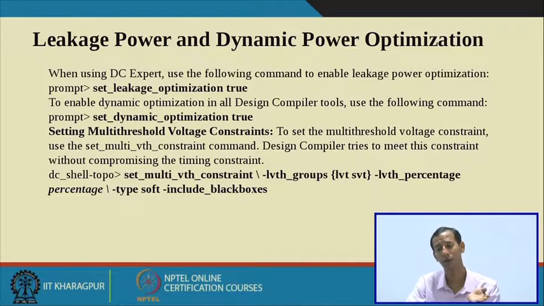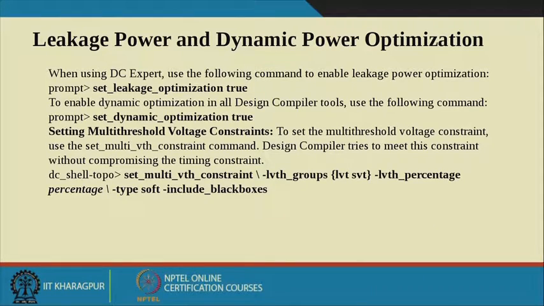So leakage power or dynamic power optimization, how can you do it? In the DC expert mode you can set leakage_optimization true. Whenever you are trying to calculate the power, at that time it will try to optimize with respect to power.